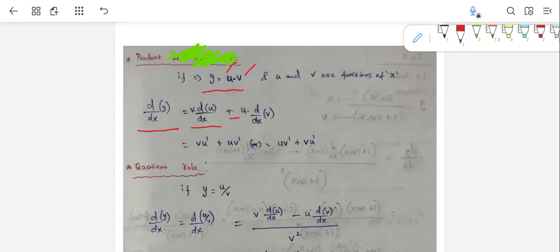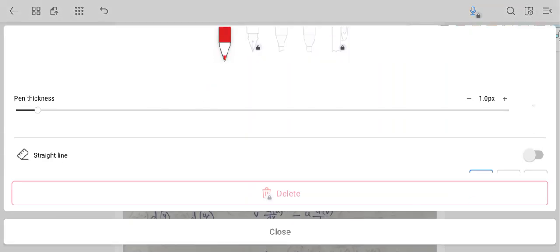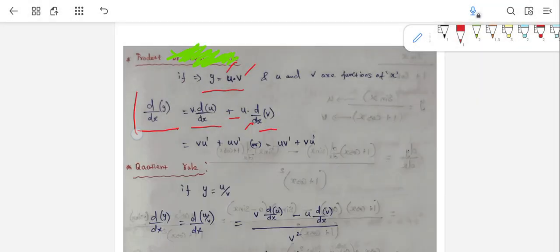Plus, now do the opposite: keep u as it is, and differentiate v alone, dv by dx. So this is the formula. If you have two values in multiplication, u into v, this is how you need to do it.